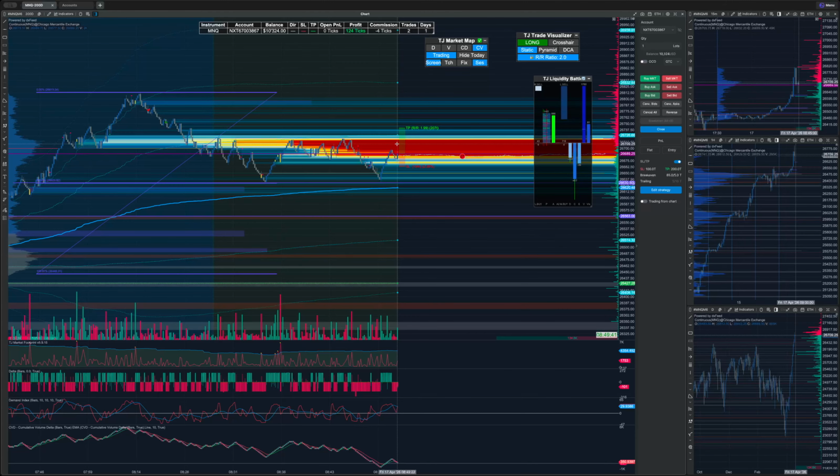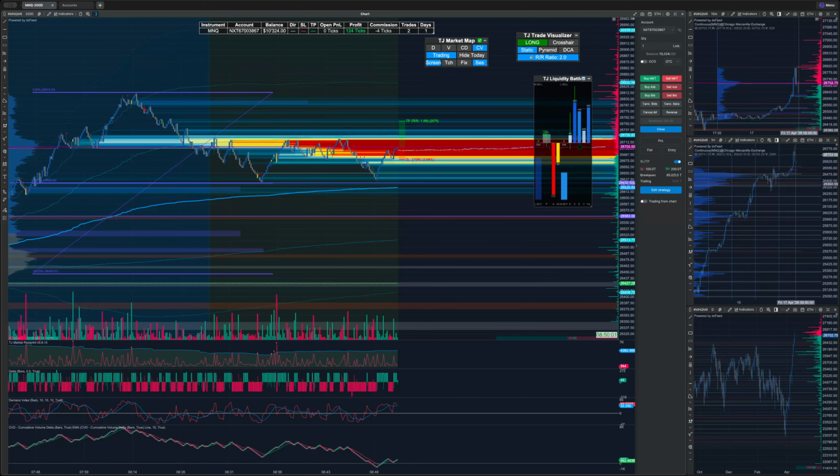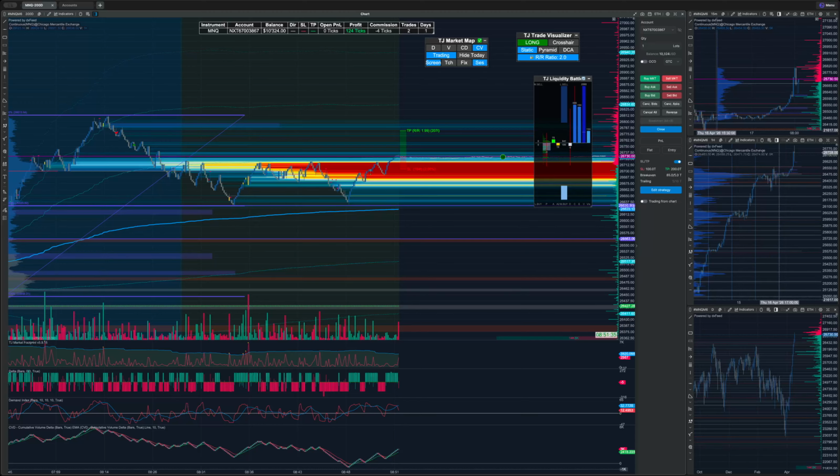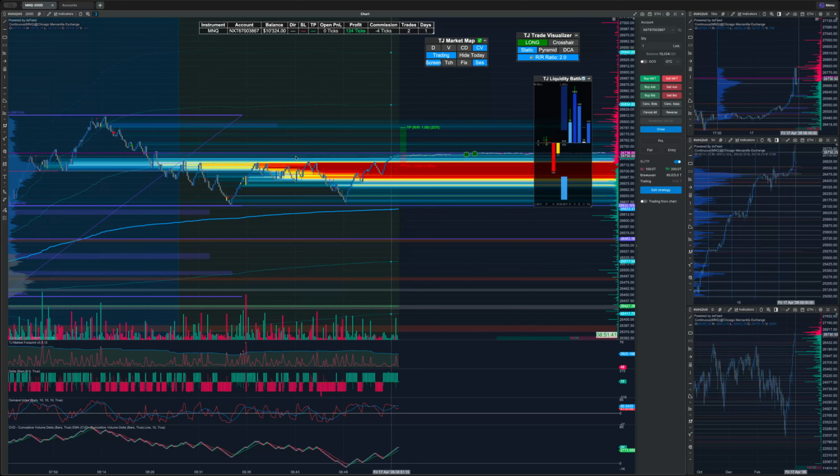But now there's more volume coming in. The market is moving in, but not really. Yep, it is moving in and up. Okay. So now there might be trading opportunities because the market goes above and beyond that initial range.